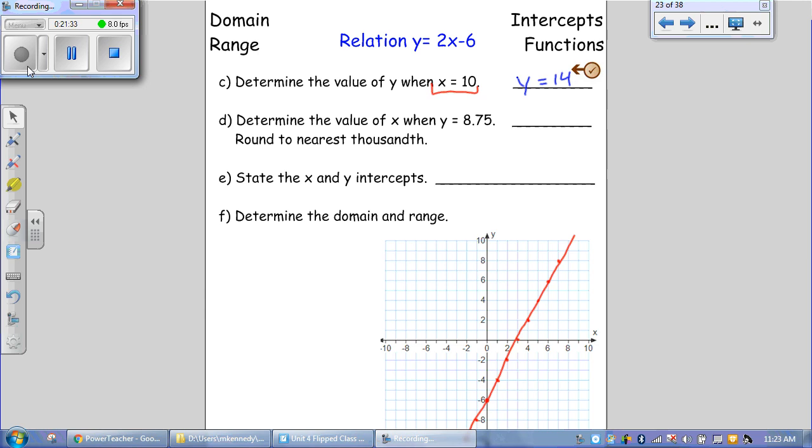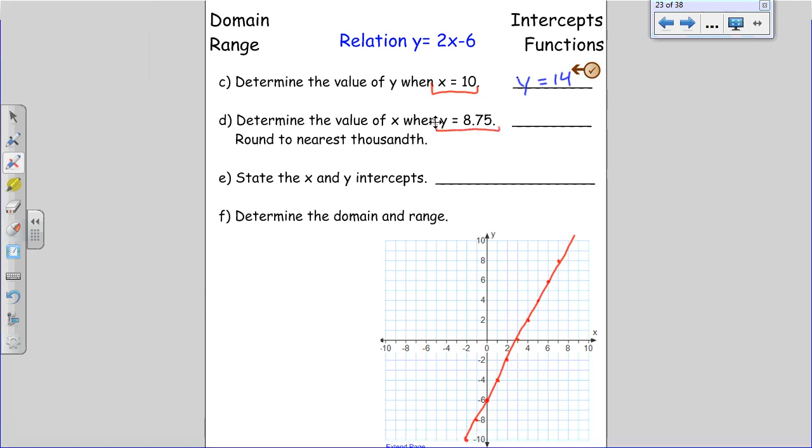Question D. Determine the value of X when Y equals 8.75. Now you're looking for an input value given an output value. Unfortunately, your calculator does not know how to do that. It doesn't have a simple way of saying, oh, you have a Y value, here's what the X equals.